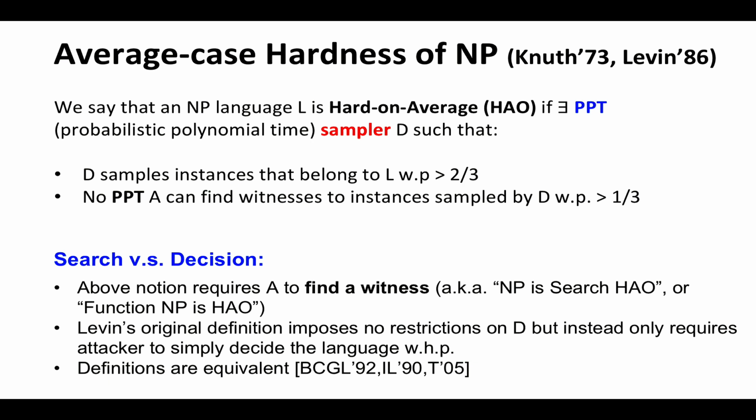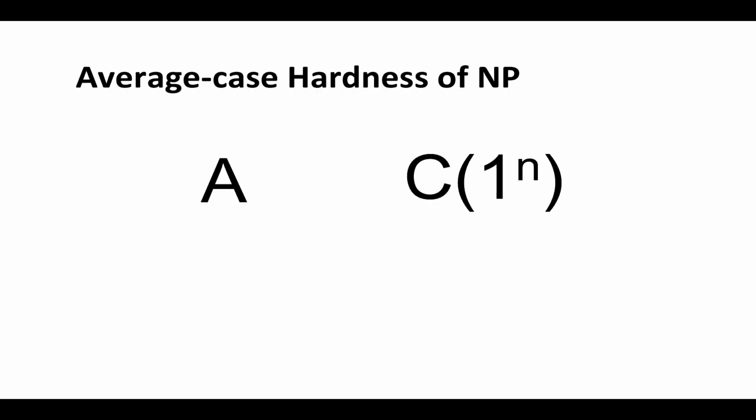Right? So let me present this definition yet another time, but using slightly different language. Syntactically, it's going to be exactly the same. I'm going to consider this problem scenario as a game between some challenger C and some attacker A. This challenger C needs to be polynomial time.